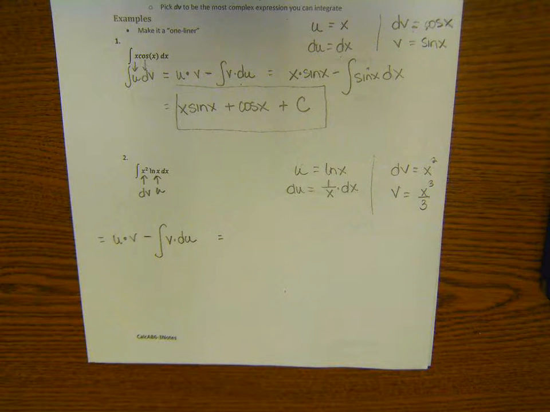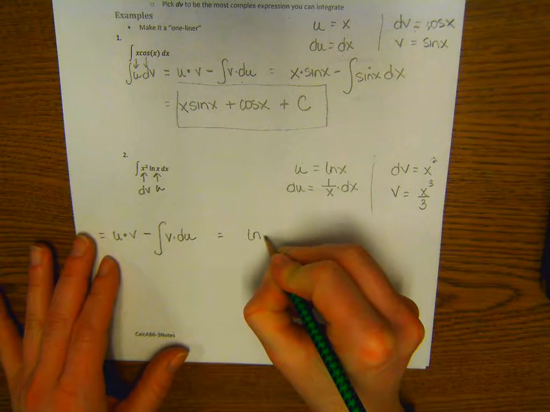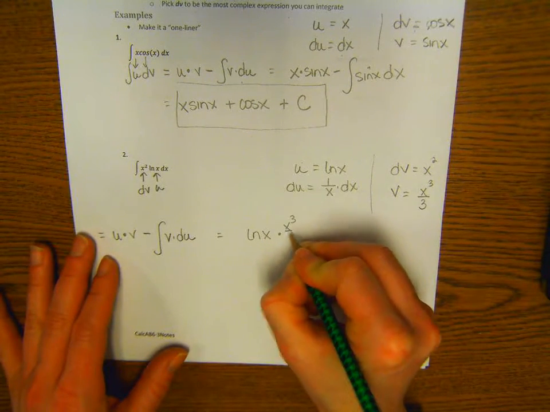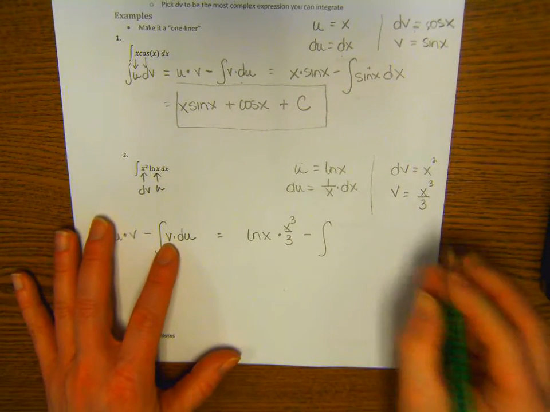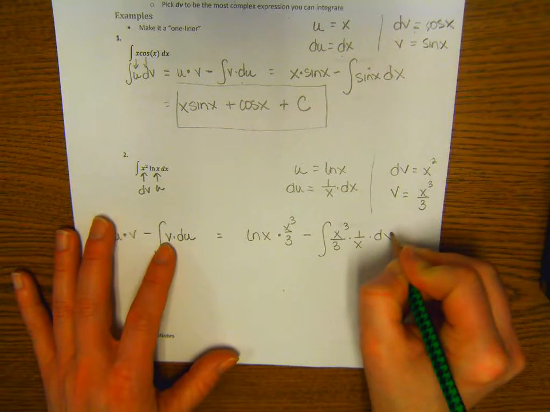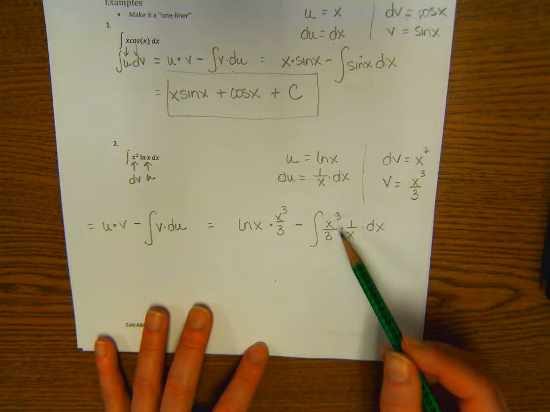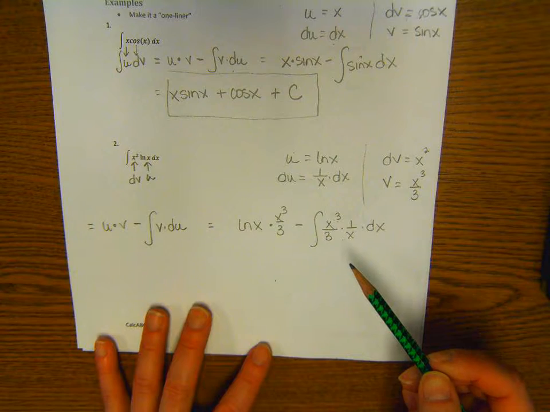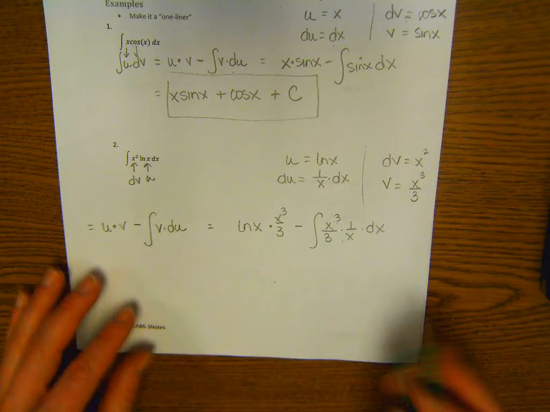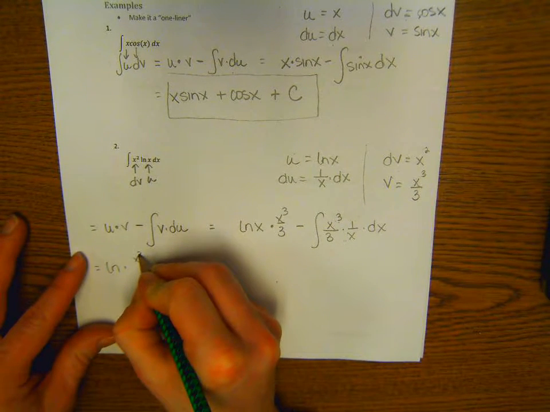All right. So, what am I going to write first? Okay. Now, do you notice that I can simplify this expression? x cubed divided by x is x squared, correct? Okay. I'm going to just keep simplifying here, so this doesn't change. Times x cubed over 3 minus the integral of x squared over 3 dx.